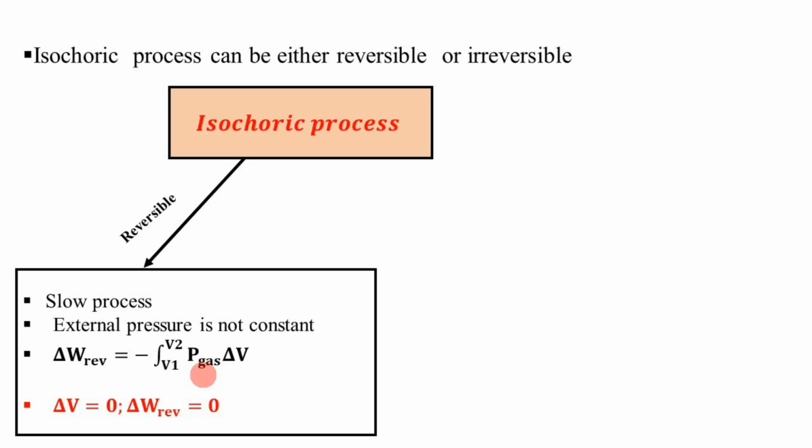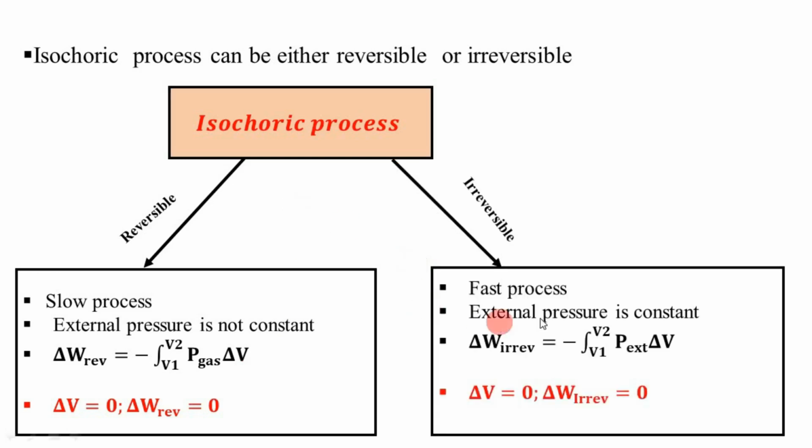But in this case, dV is equal to 0. If dV is equal to 0, that means immediately the work done, whether you have the reversible process here, the work done is 0 because dV is equal to 0. If you are considering also the irreversible process, external pressure is a constant.